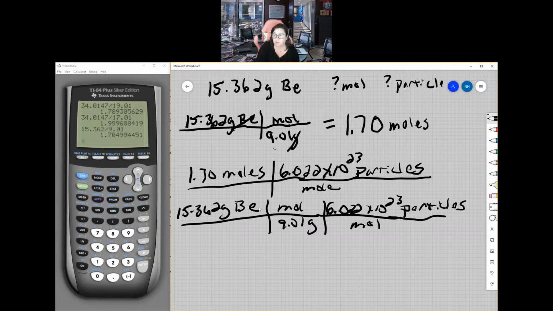15.362 grams of Be divided by 9.01 grams per mole times 6.022 times 10 to the 23rd indicates that I can do that as one calculation, and I absolutely can. So I can either set this up so that I take that number and then multiply that by 6.022 second E to the 23rd, or I can do it as 15.362 divided by 9.01 times 6.022.